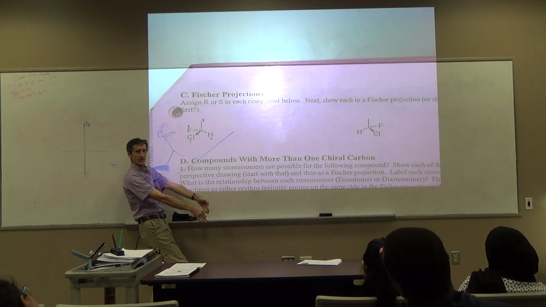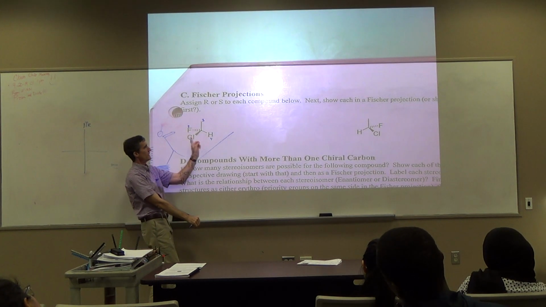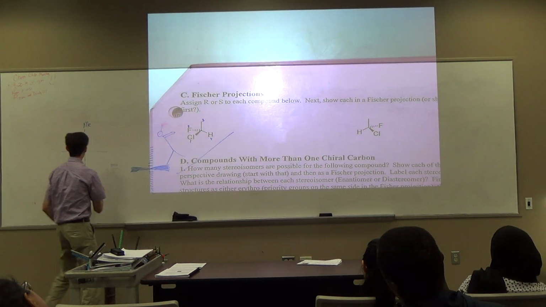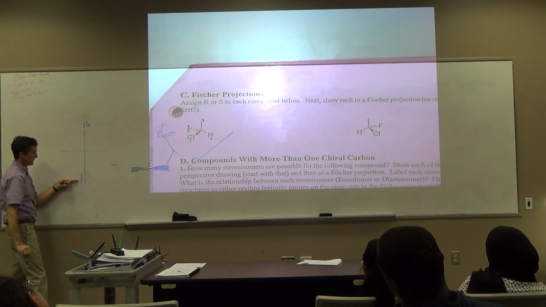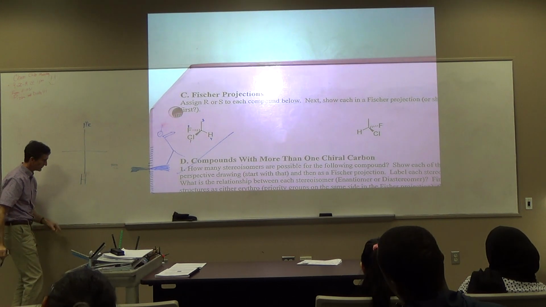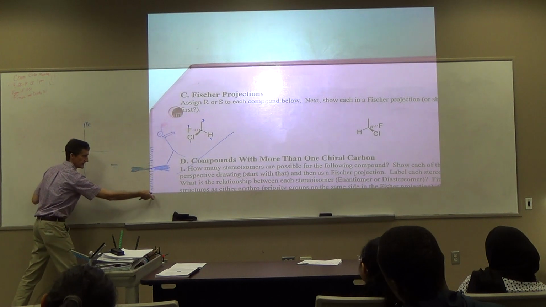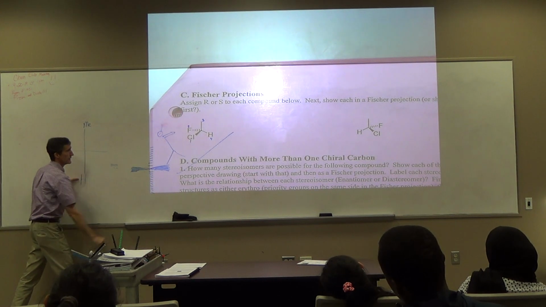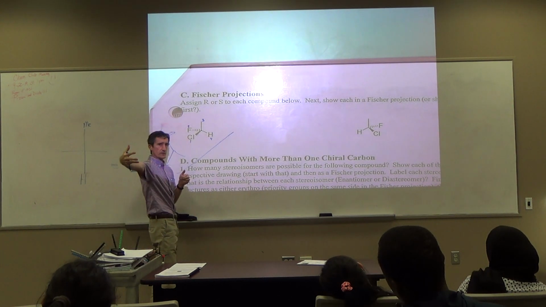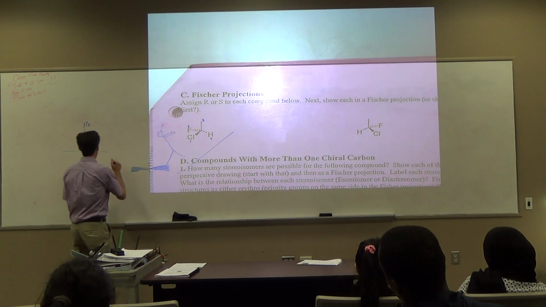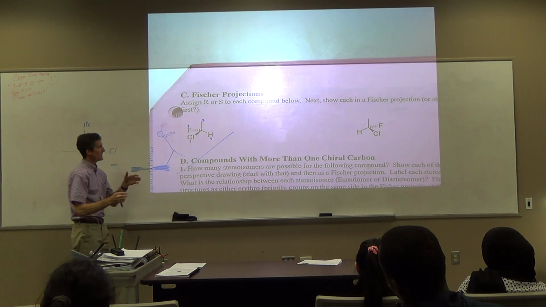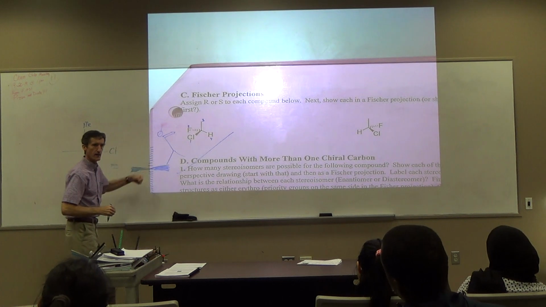The H is coming down to the ground, going away from me down to the ground. Isn't that going away? Yes. See how it's going away? It's implied. If I'm over here, what's on my right towards you? Chlorine. And what's going back? F.